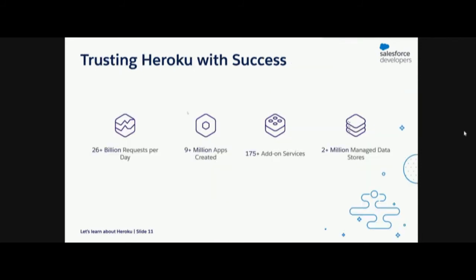There are a lot of people and companies that are trusting Heroku. We currently have more than 26 billion requests per day. By request, I mean people reaching out to applications deployed to Heroku. There are more than 9 million applications created on Heroku, and more than 175 add-on services, supported both officially by Heroku and by other companies.